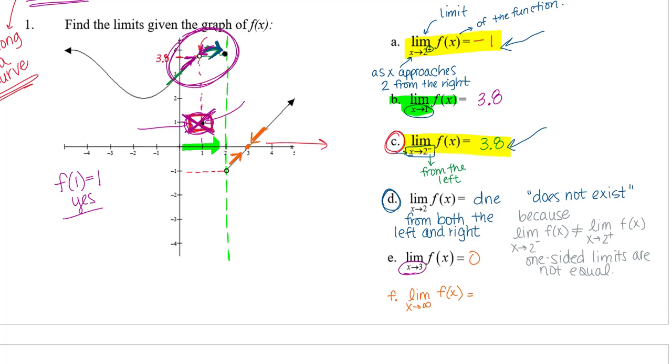So where is your function going? This is kind of a one-sided limit. You can't really get to infinity from the other side, right? So I'm coming in here from the left, and as x goes to positive infinity, do you see your function is going up? Up where? Well, to positive infinity. Okay, great.